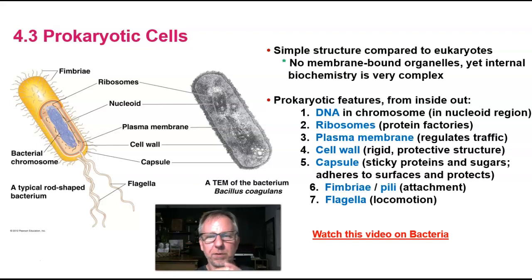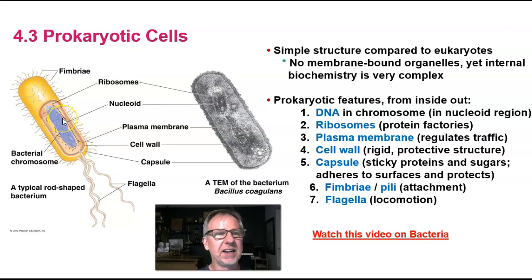If we kind of work from the inside out of a prokaryotic cell, you might say, okay, the very inside has DNA. And the DNA is located inside structures called chromosomes. And this DNA is found in a region of the cell that's called the nucleoid region. That means nucleus-like, kind of fake nucleus, kind of like a humanoid is a fake human.